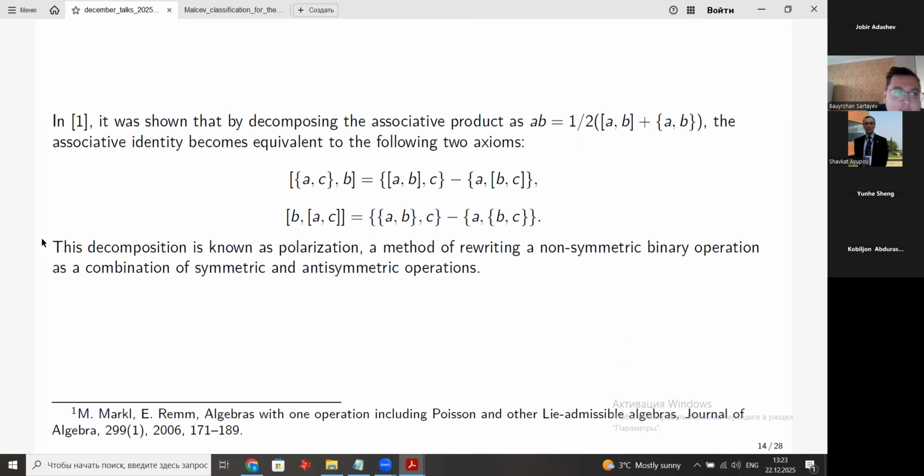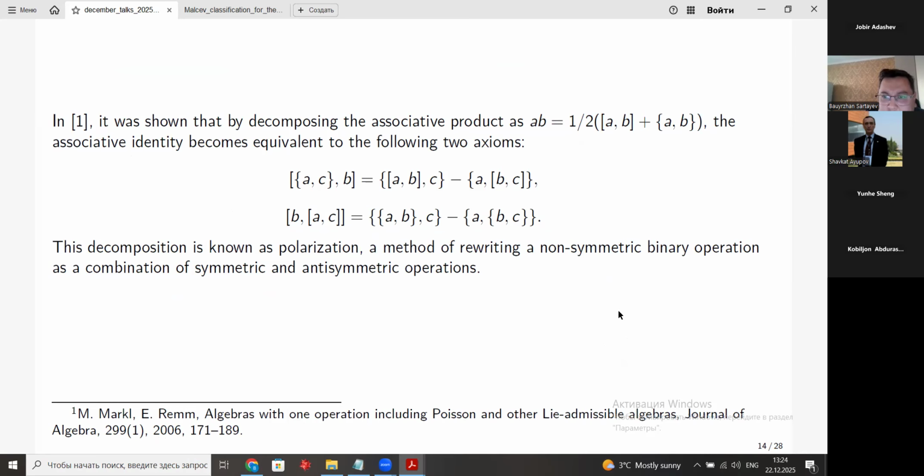Now, in this work, Markl and Remm, in 2006, it was shown that by decomposing the associative product in this way, the associative identity becomes equivalent to the following two axioms. Such a decomposition is called polarization.